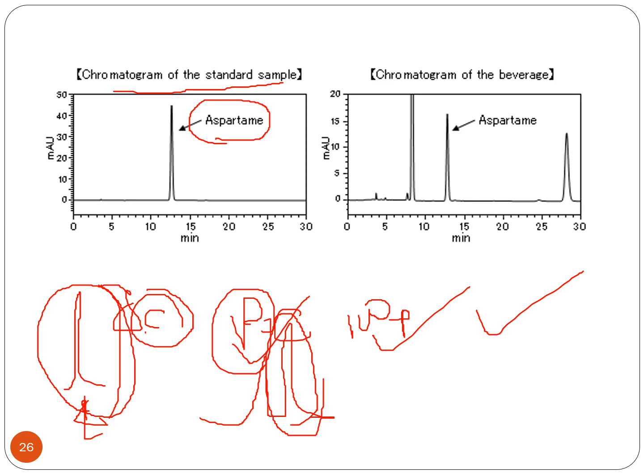So we run the standard sample first and we find aspartame is at, for example, minute 13. Then we run the beverage, some soft drink, and we see a peak appearing at 13. So we can say this peak is the aspartame peak. To know how much aspartame is present inside this soft drink, we have to calculate quantitatively, following this formula that we will look at later.